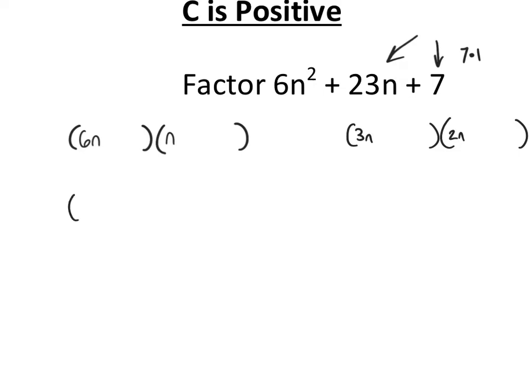So what I'm going to do is write out all the different combinations, and then we'll figure out which one's right by using the O and the I smiley face method to pin down our middle term. So I'm going to go ahead and fill this in like this. Here's all the possible combinations. We know we're going to have to use 7 and 1 to get 7, and we know it's going to be double positive, so it could look like this.